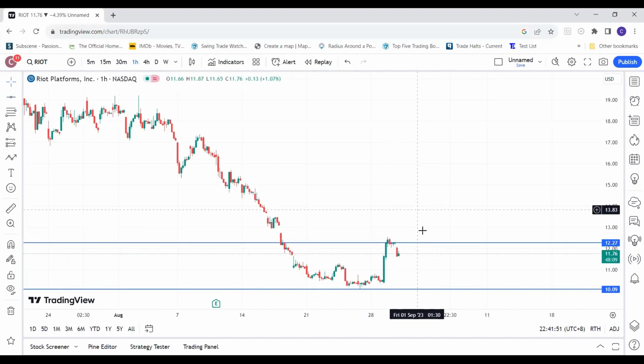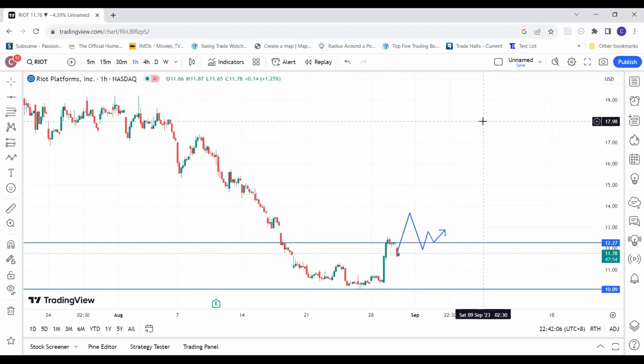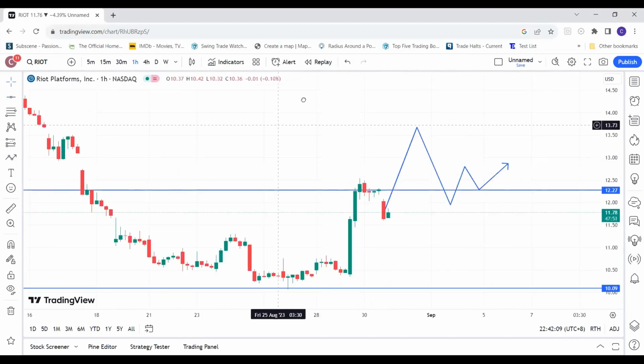Again, if you want to look for entry, you can wait for it to break, tap, reject, form a higher low and go back. Then there's more upside.